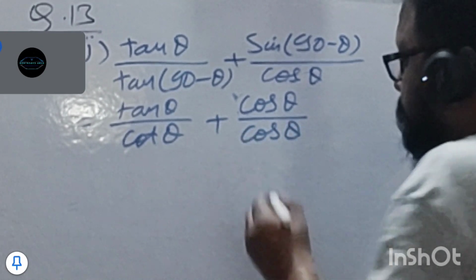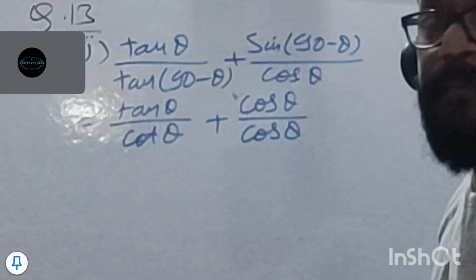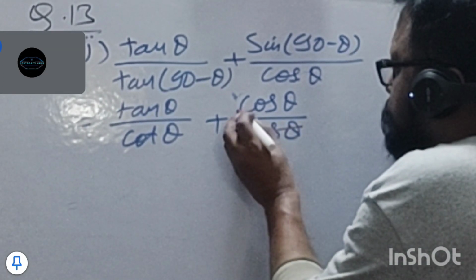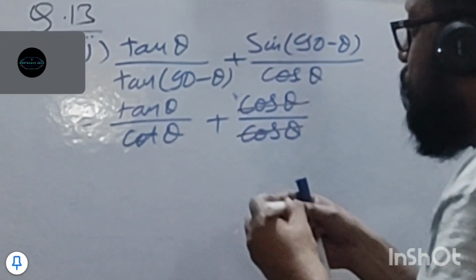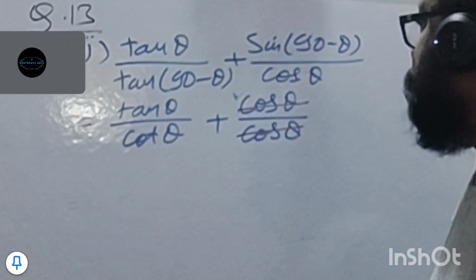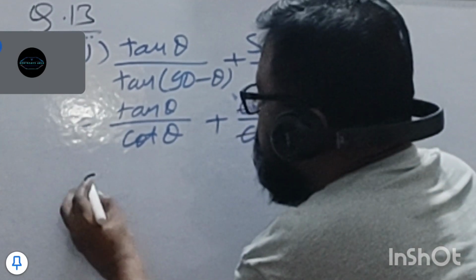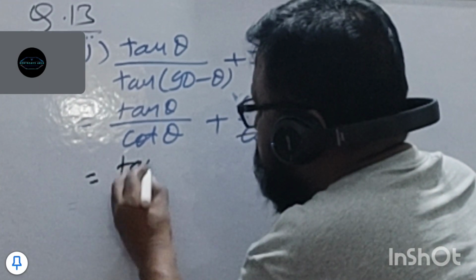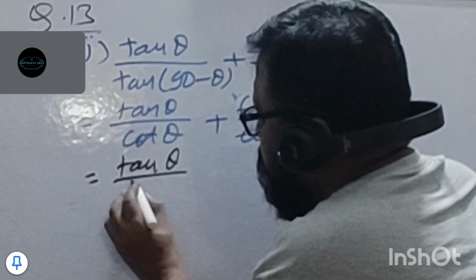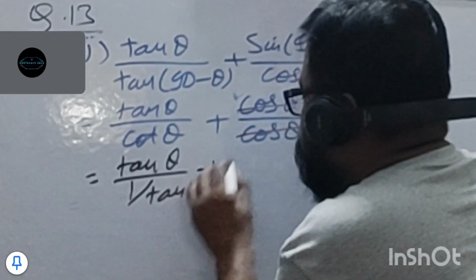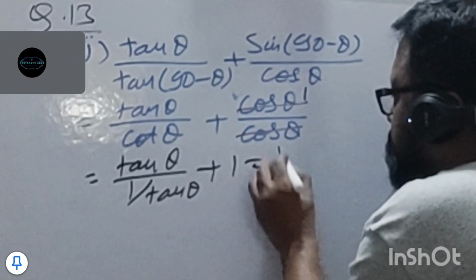So now we will write cos theta and cos theta cancelled, it is 1, and tan theta upon 1 upon tan theta plus 1.